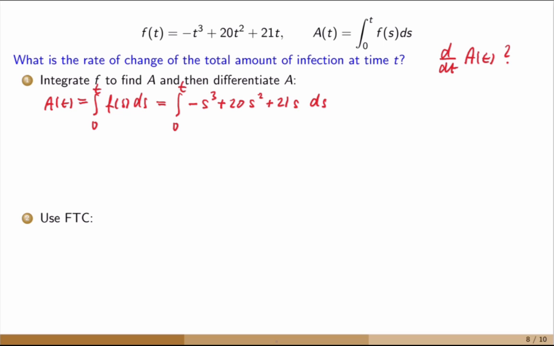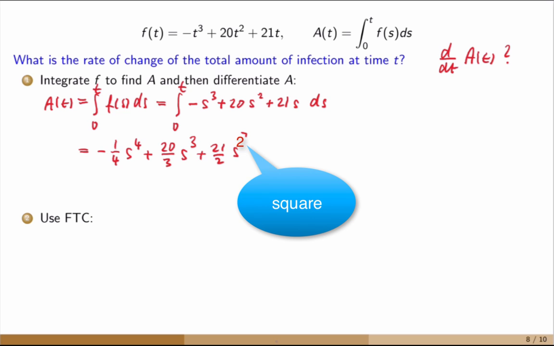So I need to integrate the integrand and then I sub in the values. If I integrate this, I get minus a quarter s to the 4 plus 20 third s to the 3 plus 21 half s squared, and then I evaluate this between 0 and t.